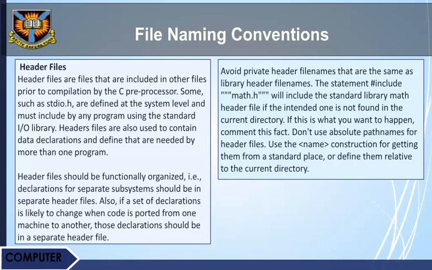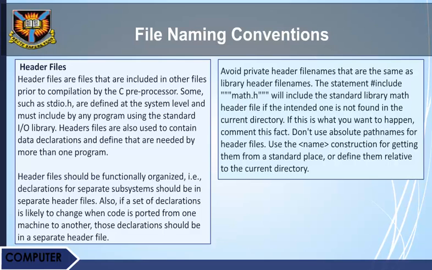Header files are also used to contain data declarations and defines that are needed by more than one program. Header files should be functionally organized, that is, declarations for separate subsystems should be in separate header files. Also, if a set of declarations is likely to change when code is ported from one machine to another, those declarations should be in a separate header file.